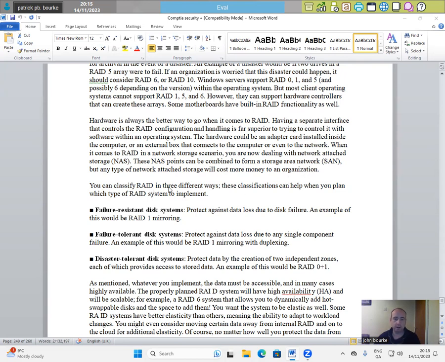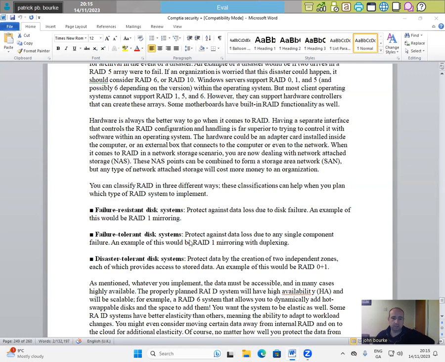You must classify RAID in 3 different types. These 3 classifications can help when you plan which type of RAID system to implement. Failure-resistant disk systems protect against data loss due to disk failure. An example of this would be RAID 1 mirroring.